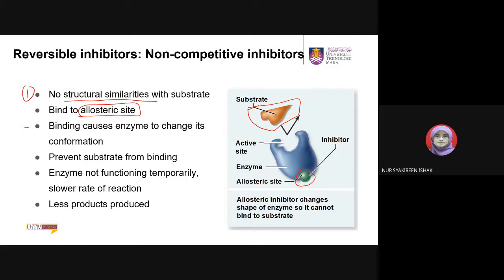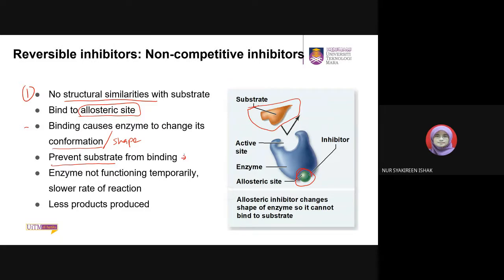Okay, so this is the allosteric site, another site on the enzyme which is not the active site. So binding causes enzyme to change its conformation. So you can also say here shape. The binding of the inhibitor changes the shape of the enzyme. So once the enzyme changes its shape, active site also changes shape. So this prevents substrate from binding to the active site.